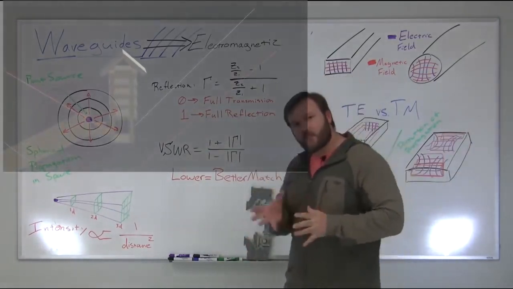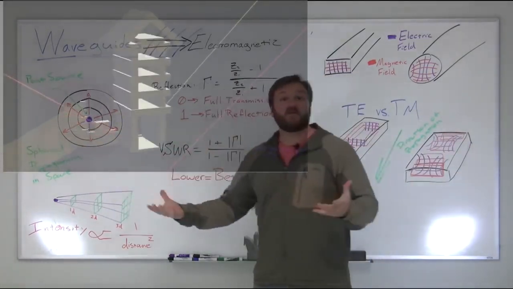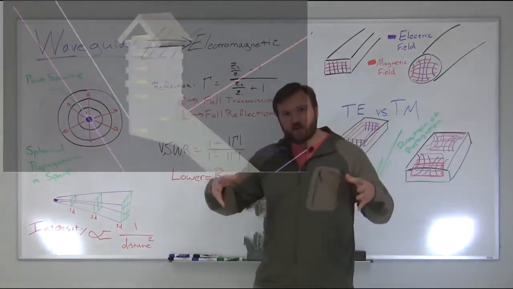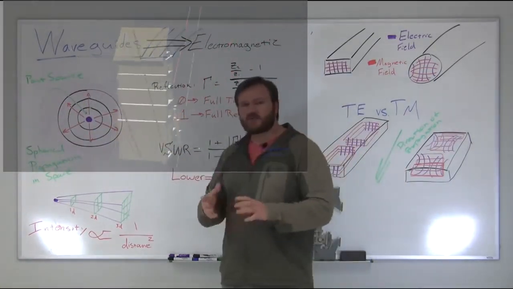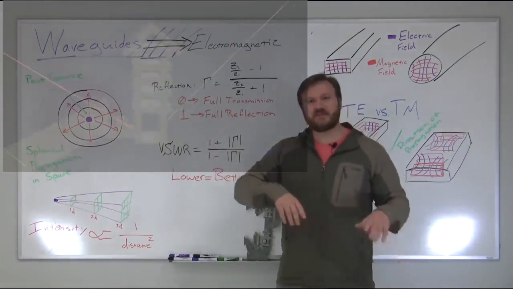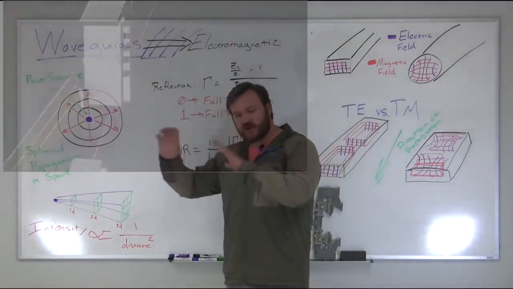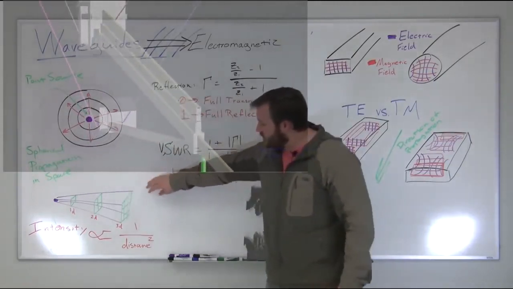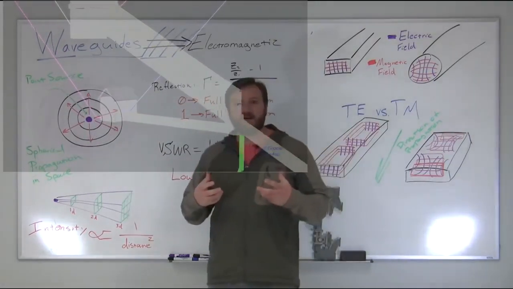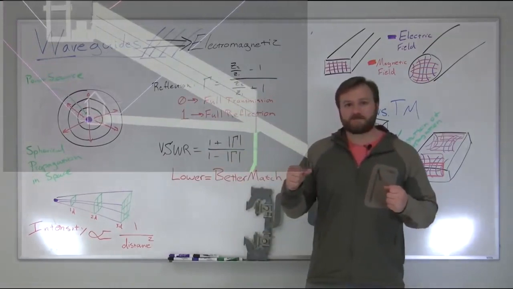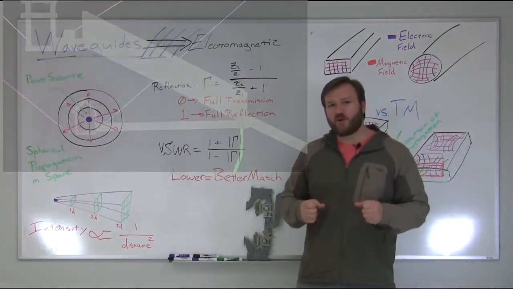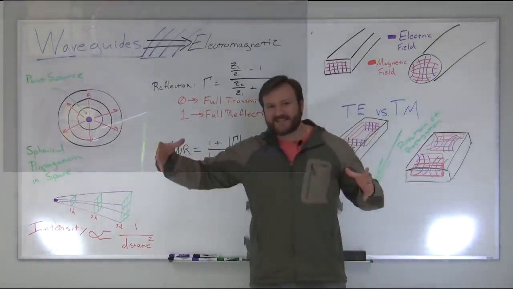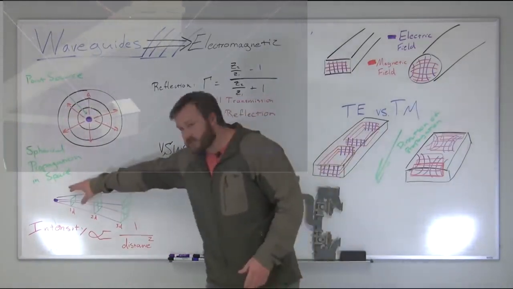Now, as that propagates through space, you're going to have losses as the energy gets more and more spread out, and there is absorption of different frequencies by certain things. We're not going to worry about that right now. But for the general consideration of space, the intensity of the energy being put out falls off as 1 over the square of the distance as it moves away from the point source.